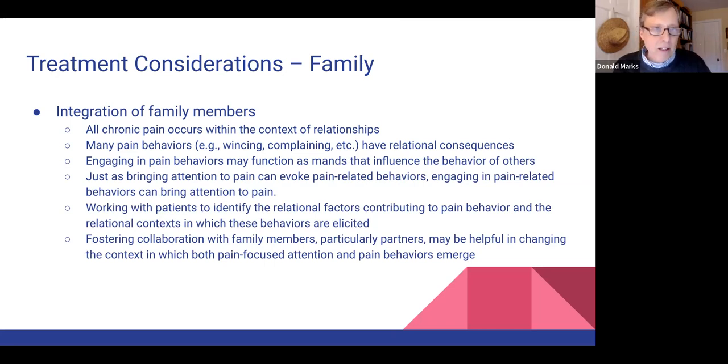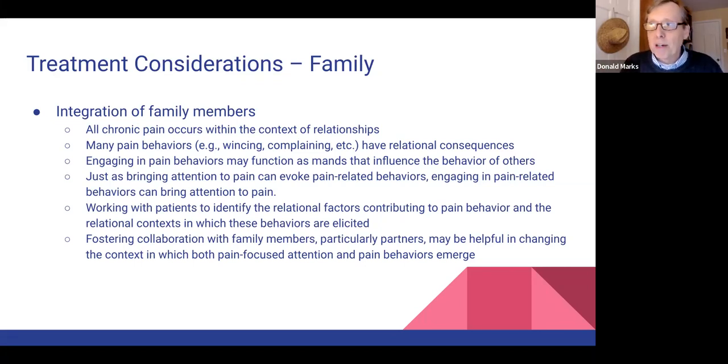And so I tend to think in family systems terms to some degree. All chronic pain occurs within the context of relationships, and our pain behaviors have relational consequences. So if I moan when I move, that's going to have a relational effect.